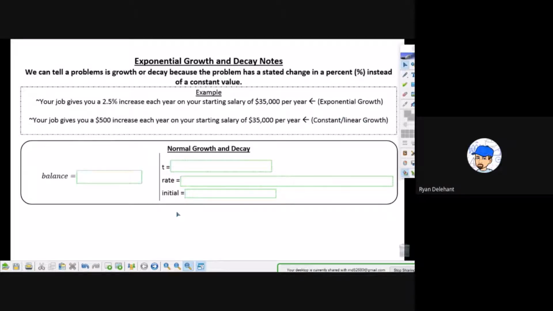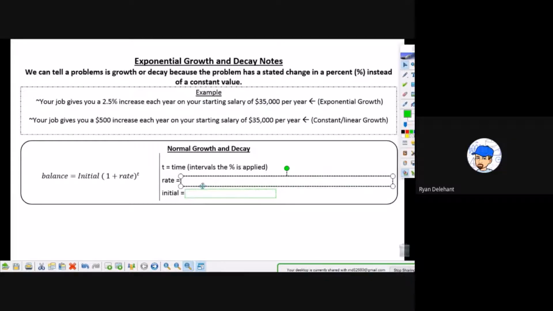Now, when you learn this in the very beginning, the formula you learn to find your balance looks like this: initial times 1 plus a rate to the power of t, where t stood for time. Where does the rate come from? Well, if we look, this is our exponential.